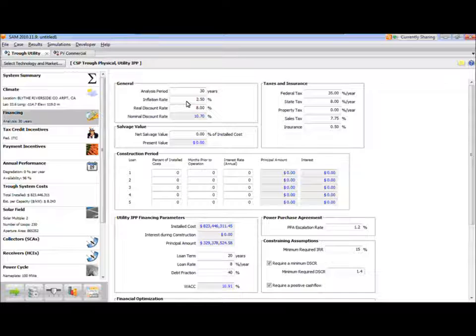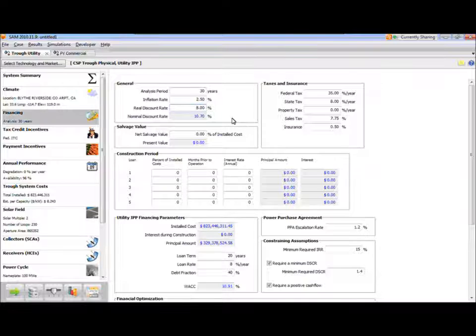All of the costs that you specify are in year one dollars. So in order to calculate a cost in, say, year 5 of the cash flow, SAM would use the inflation rate. The real discount rate is the value that SAM uses to calculate the present value in the levelized cost of energy and other calculations. So SAM uses inflation rate to calculate out-year values in the cash flow and a discount rate to bring out-year costs back to present values.